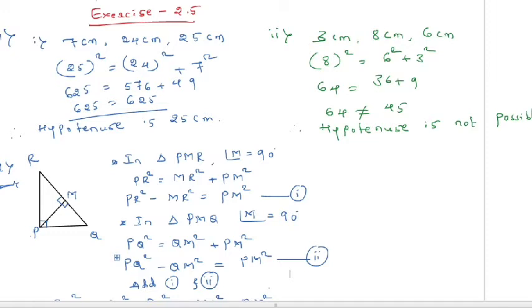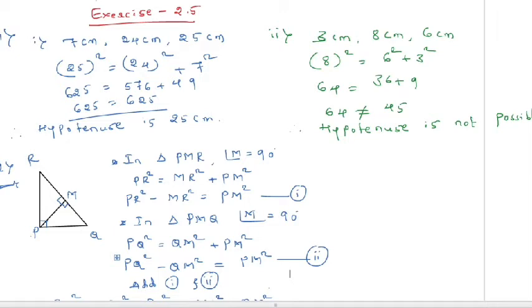The first question is 7 centimeter, 24 centimeter, 25 centimeter. These are the sides of the given triangle. According to Pythagoras theorem, we can write the square on the hypotenuse, meaning the longest side. I have taken 25 centimeter as the longest. So, 25 square is equal to the sum of the squares of the other two sides, 24 square plus 7 square. 25 square is 625, 24 square is 576, 7 square is 49.